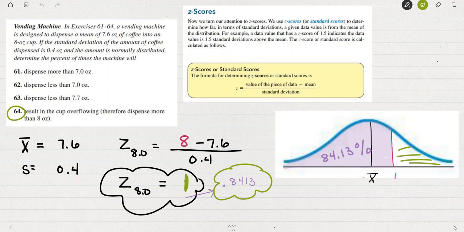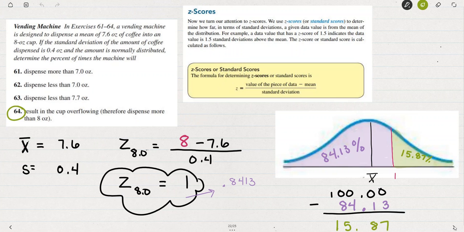So you guessed it, we're going to have to subtract, once again, from 100. I start with 100% of the curve. I subtract the 84.13%, and that gives us our answer, 15 and 87 hundredths %. That wraps up this example.